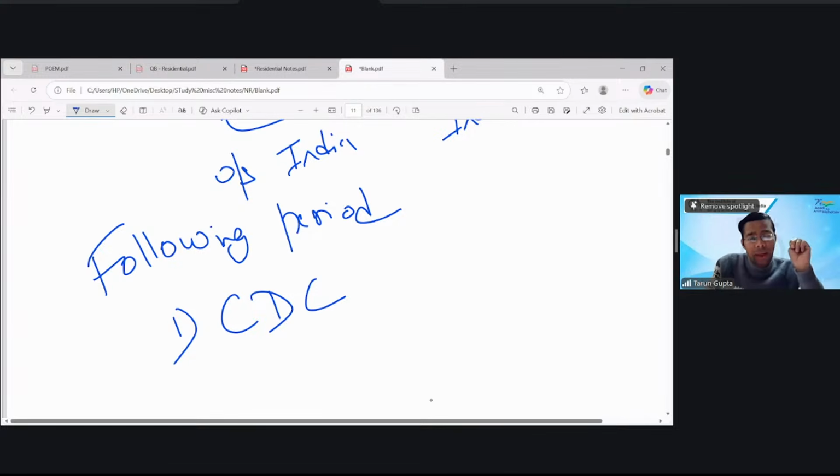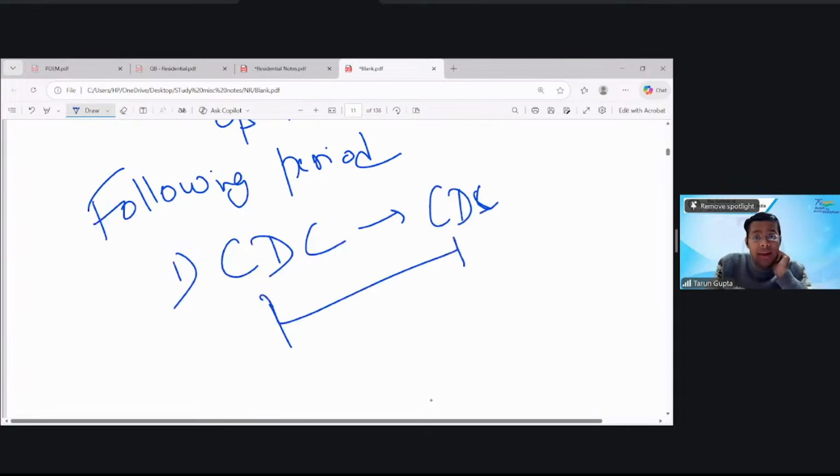He joins the ship as per the date mentioned in the CDC, up to the date he leaves the ship as mentioned in the CDC. This period is deemed to be not staying in India, so you have to see his stay excluding this period.